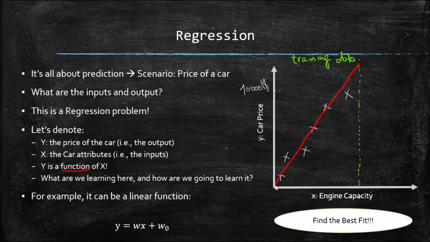So what are we learning? Again, the question, what are we learning? We'll go through all these examples and try to find the best line by learning the best line. What does it mean? It means that I'm going to learn 2 things, if I assume that my model is a linear model.